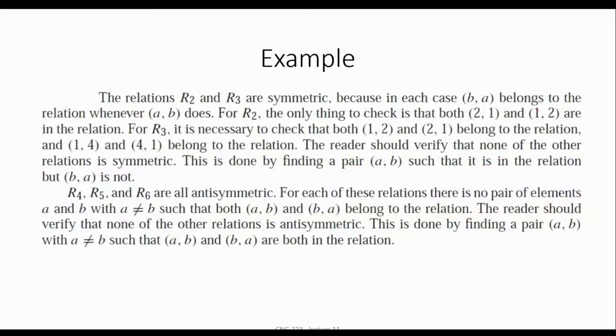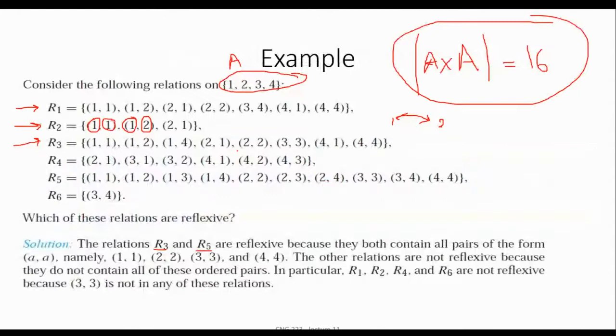Now, let's see what about antisymmetric. It says R4, R5, and R6 are all antisymmetric. Why is that? In R6, for example, if we have (3, 4), we shouldn't have (4, 3). If it happens, 3 should be exactly equal to 4.